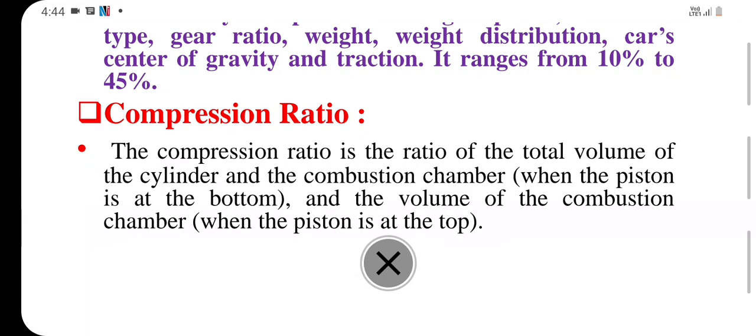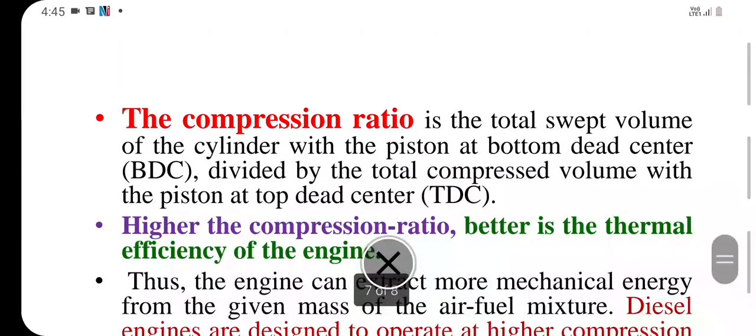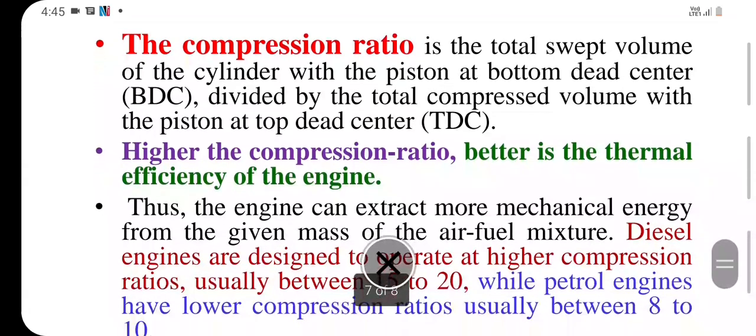It is nothing but total volume upon clearance volume. The total volume of a cylinder consists of swept volume plus clearance volume. Compression ratio is the total volume of the cylinder with the piston at BDC, bottom dead center, divided by the total compressed volume when the piston is at TDC, that is the clearance volume.